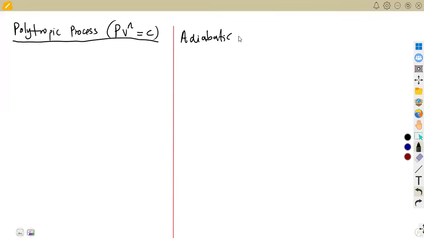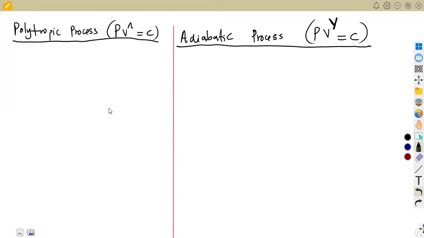So under an adiabatic process, the law is given by PV to the exponent of gamma. You're going to use gamma in your calculations.